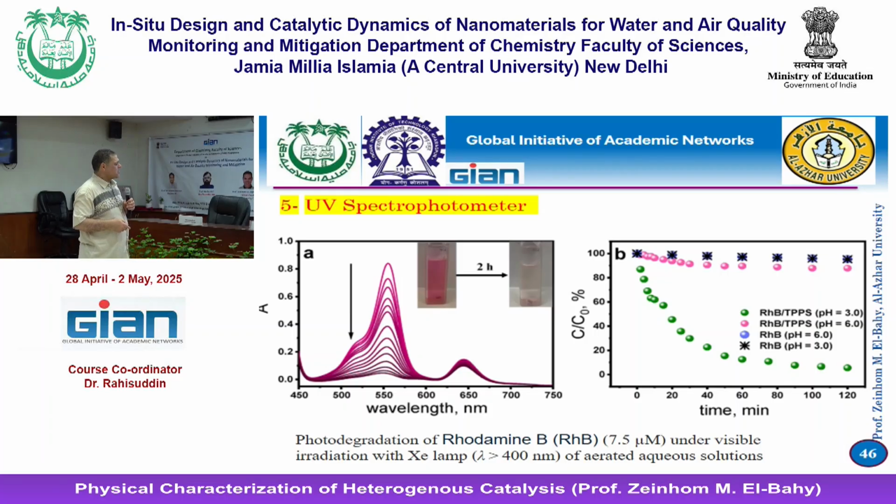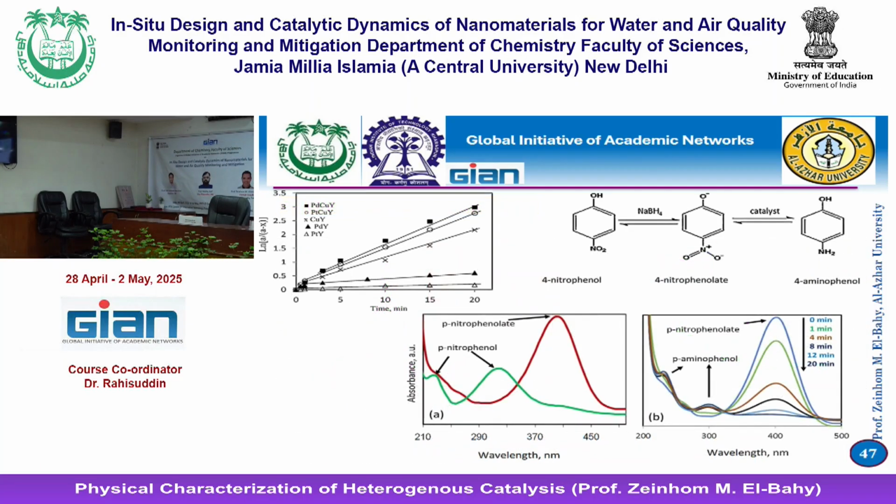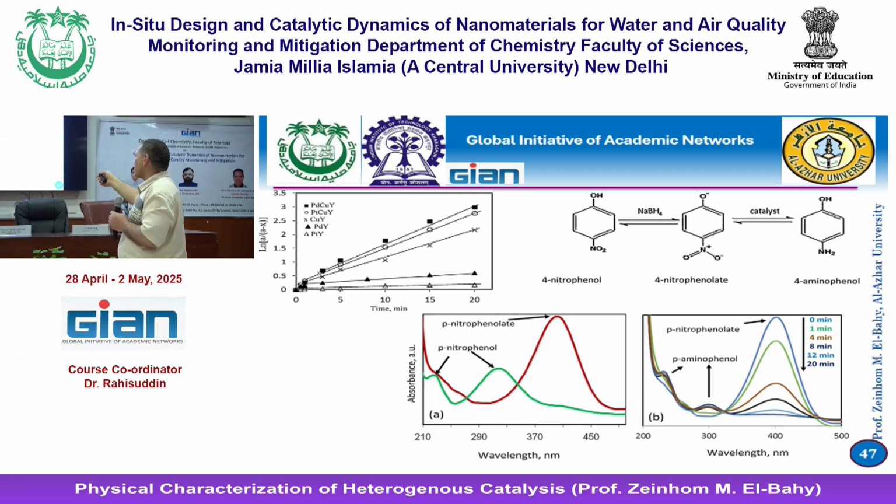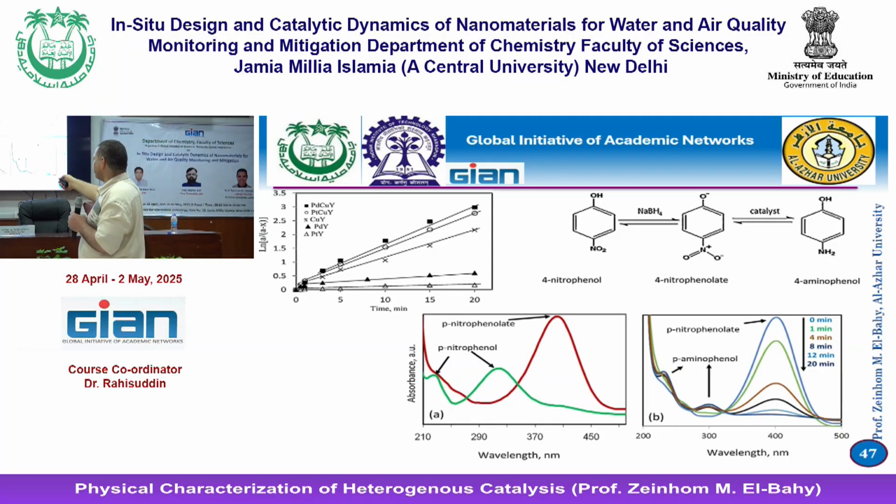I will show you something else. This is one experiment which is very famous, that para-nitrophenol is converted to para-aminophenol. Of course, this is one published article of mine. Here on the left side, you can see the difference between para-nitrophenol and para-aminophenol.